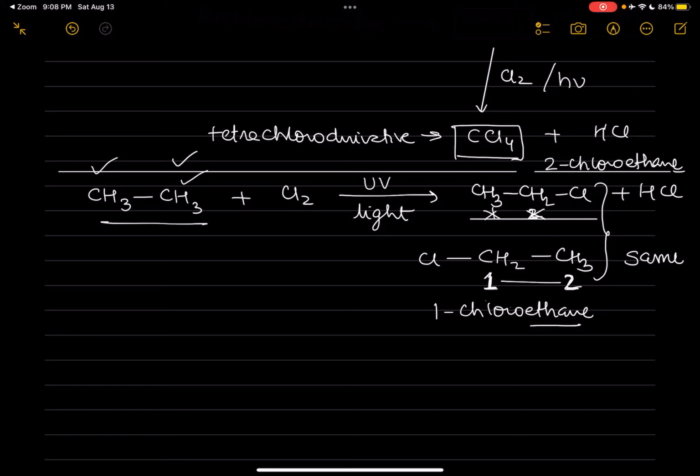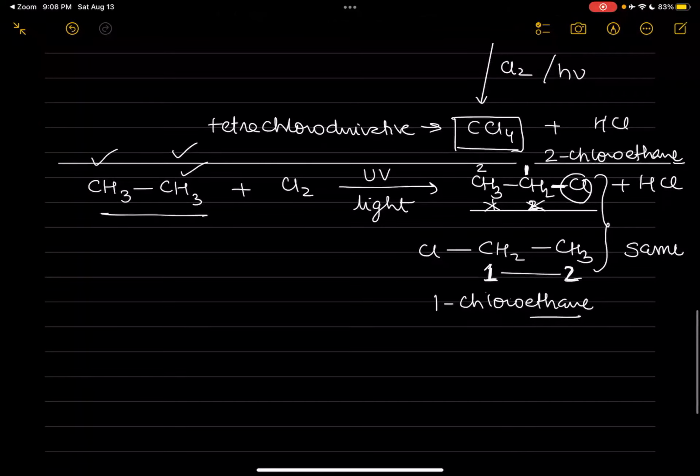You need to start your numbering from the carbon atom which is closest to the substituent or the side chain, right? So both are 1-chloroethane, and there were only two carbon atoms and both were interchangeable. So both actually gave the same product. So ethane is going to give you only one monochloro derivative.